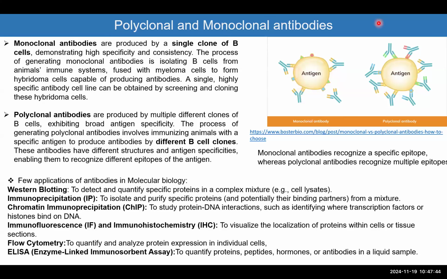However, in polyclonal antibodies, the antigen has multiple epitopes, and it is detected by multiple different antibodies. So you can already tell that monoclonal antibodies are more specific, because you have only one type, or one clone of the antibody, that you are using.